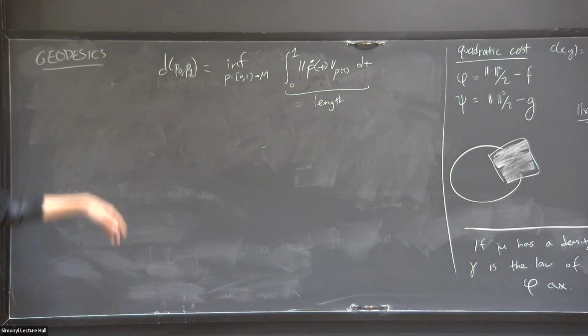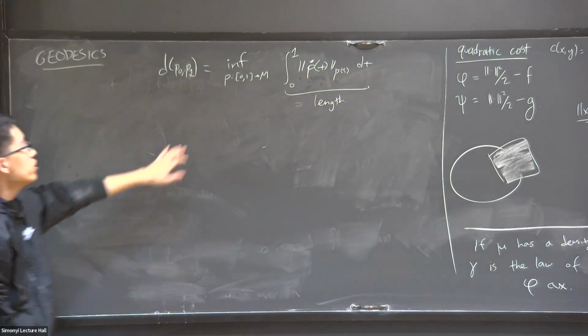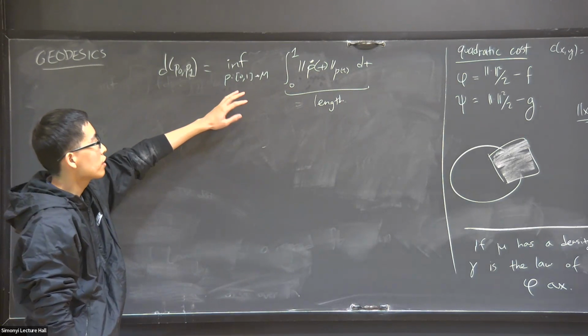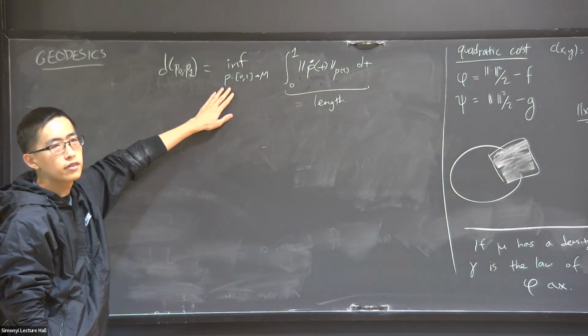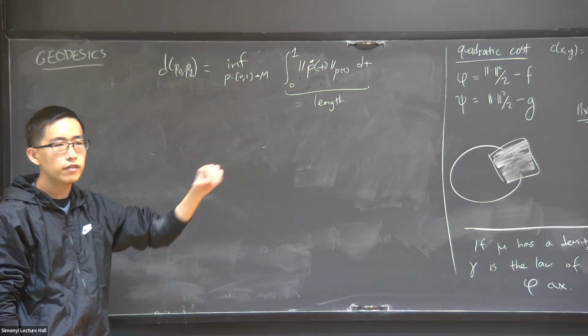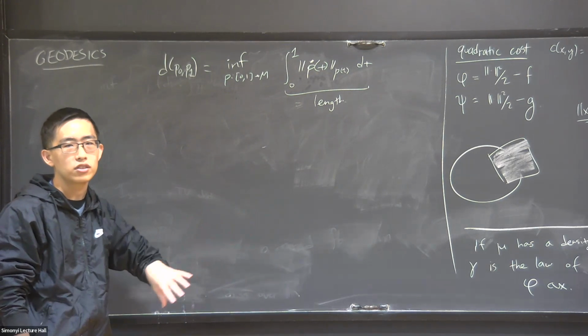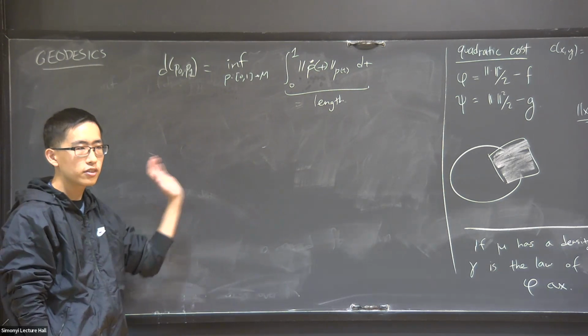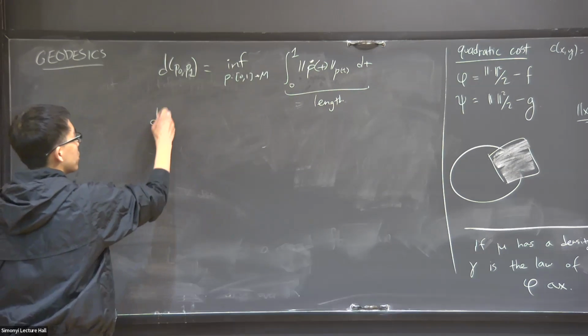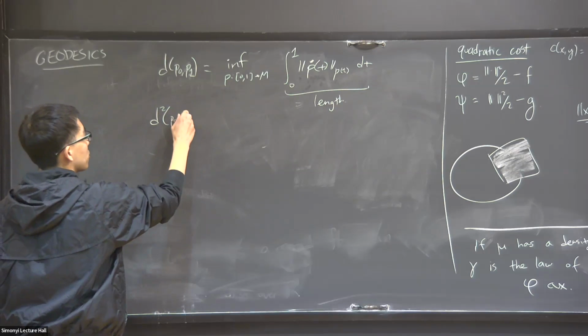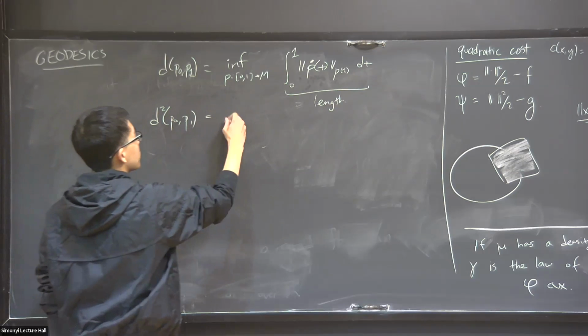This minimization problem is not so great, because given any curve P, another minimizer is formed by reparametrizing this curve: I traverse the same curve, but faster at some parts and slower at others, and I'll still get another minimizer. So actually a more convenient variational problem is one for the square of the distance.